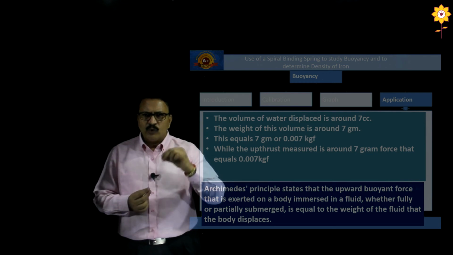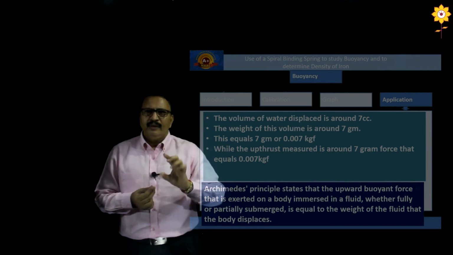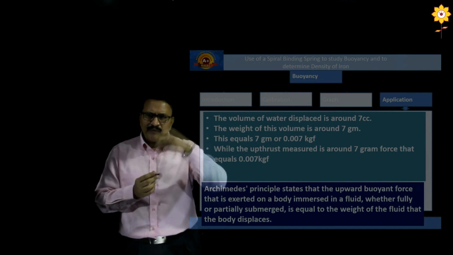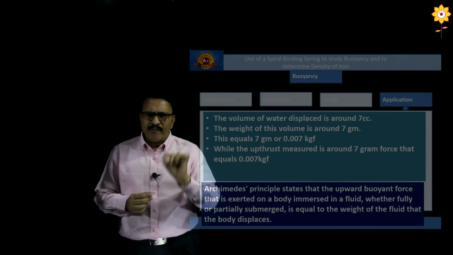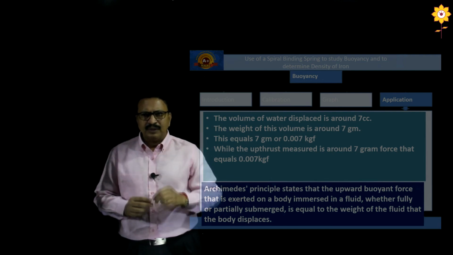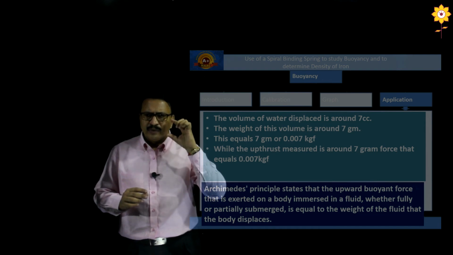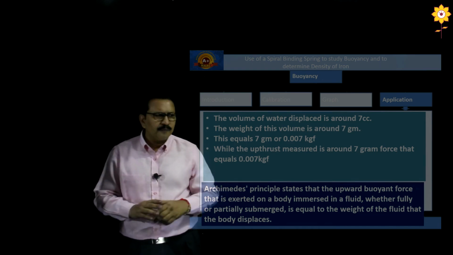But as you must have noticed, when we took that object out of the water, some of the water smeared on the object itself and got taken away with it. So making some room for that correction, we took the volume of this solid to be around 7 cc.